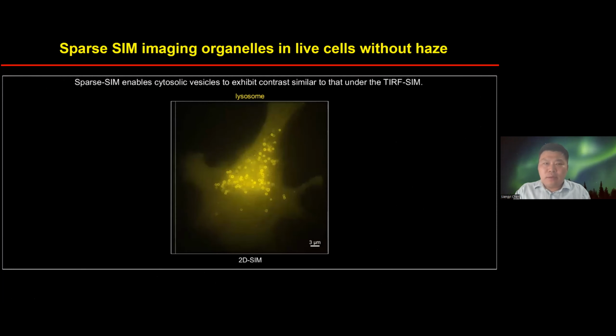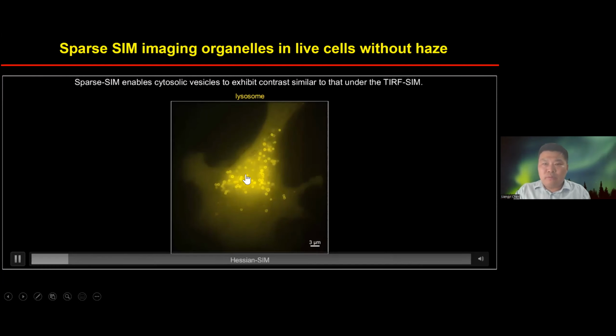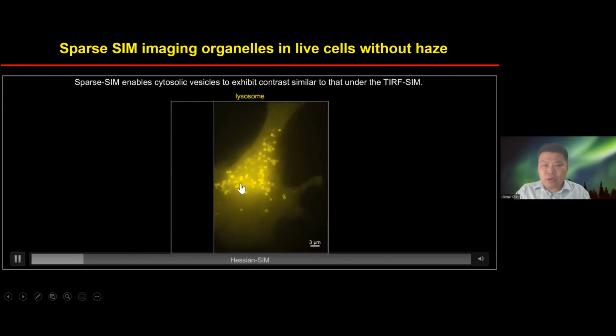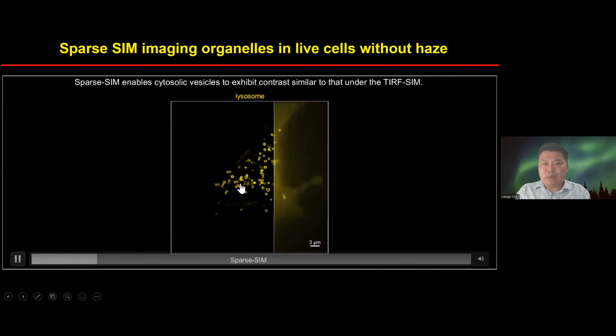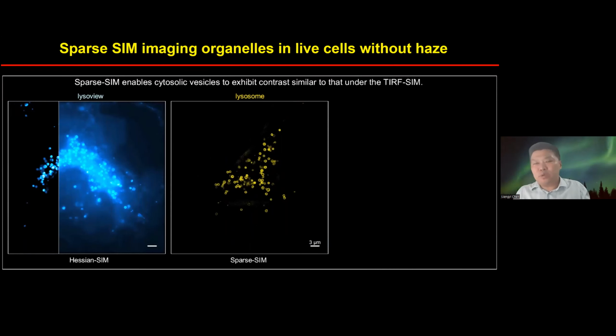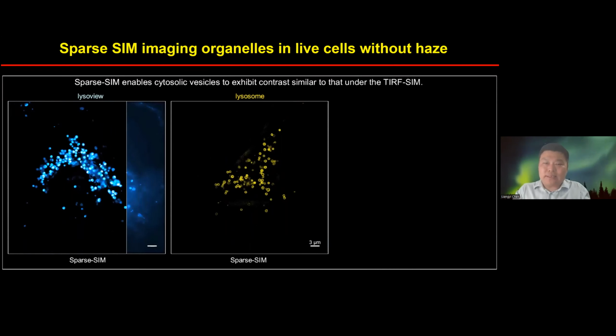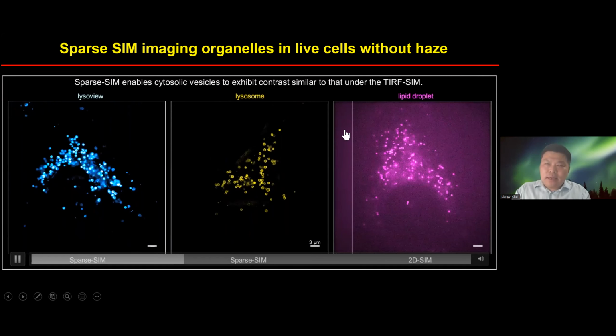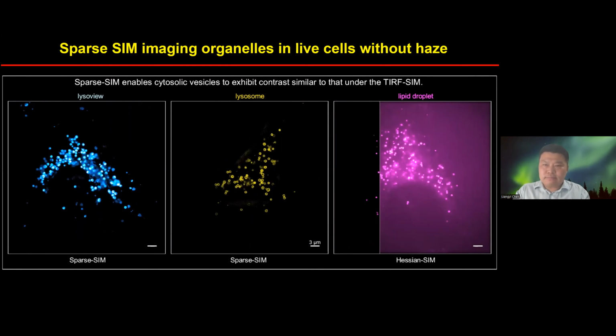You may also wonder whether sparse deconvolution can remove background, because when you have background excitation or emission from out of your focal plane, your image becomes not so sparse, more dense. So it not only improves resolution, it also improves contrast in this sense.